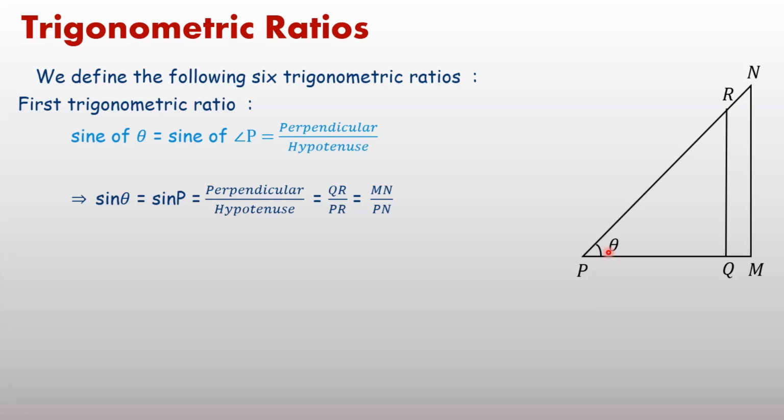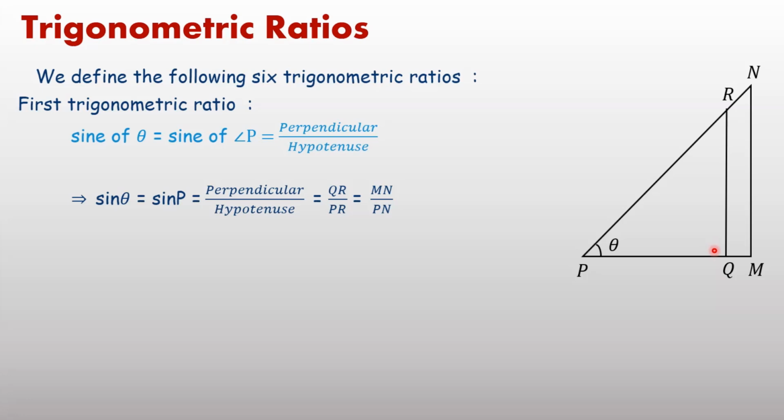So sine of theta or sine of angle P means the ratio of perpendicular and hypotenuse of a right angle triangle. In short form we write sine of theta as sin theta, or sine of angle P as sin P. Sin P means the ratio of perpendicular and hypotenuse for angle P. Now, the question is, which side is known as perpendicular and which is known as hypotenuse?